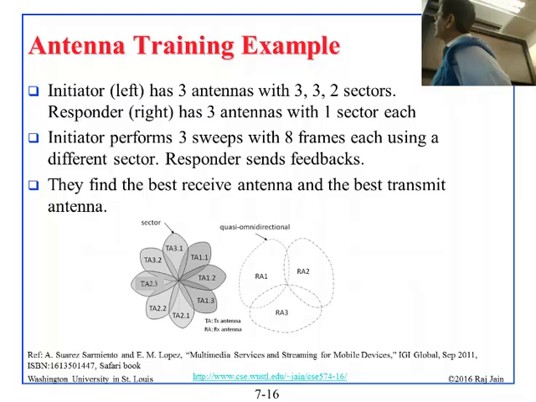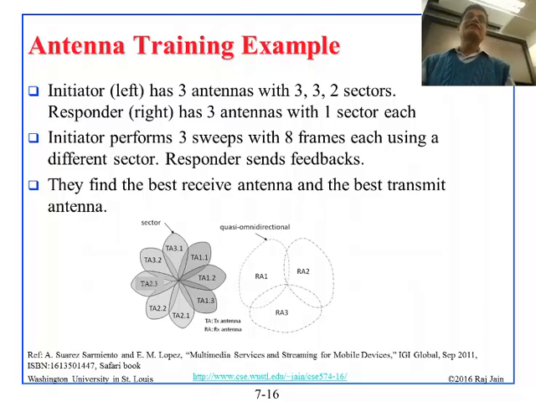One antenna can move into 3 sectors. The second antenna has 3 sectors, 2.1, 2.2, 2.3. The third antenna has only 2 sectors, 3.1 and 3.2. So not all antennas have to have an equal number of sectors.